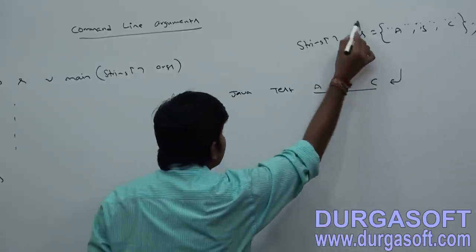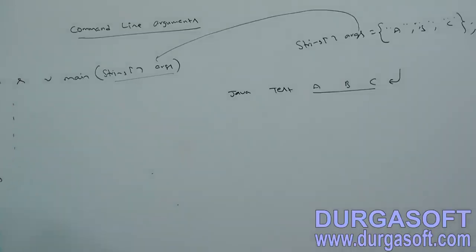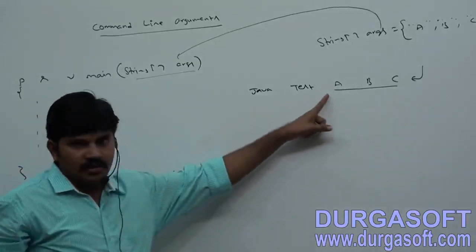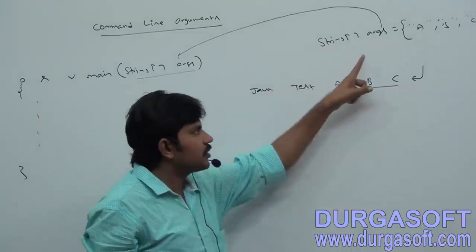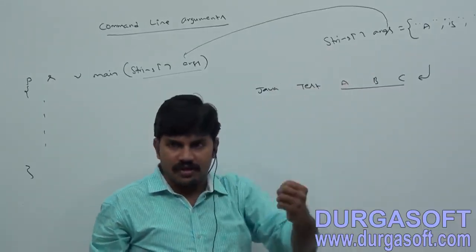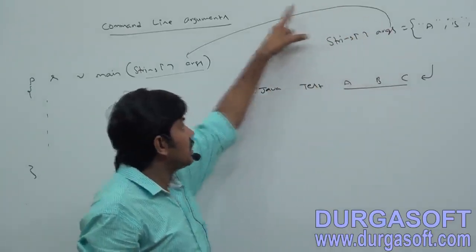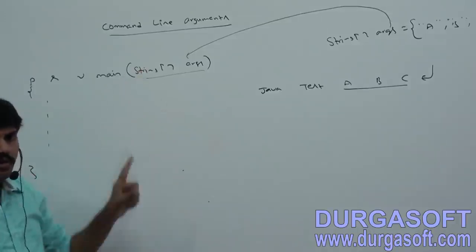And by passing this string array as argument, JVM is responsible to invoke the main method.